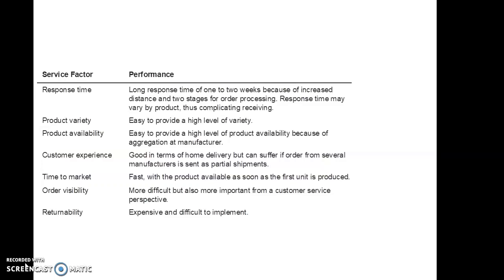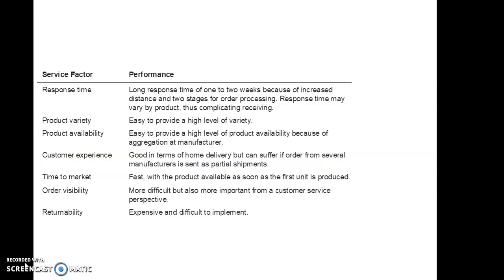The next service factor is time to market. It is fast because product information is available to the customer as soon as it is ready at the manufacturer side. The next service factor is order visibility. It is more difficult to provide order visibility in the case of drop shipping, but it is very important from the perspective of the customer.